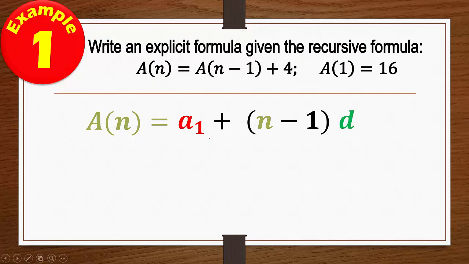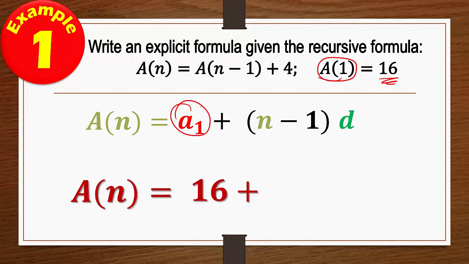All right, so let's take a look at the first example. We will need to write an explicit formula given the following recursive formula. So we've got a sub n equals a sub n minus 1 plus 4, and we're told that a sub 1 is 16. So let's go ahead and fill in what we know. We know that this and this are the exact same thing, 16.